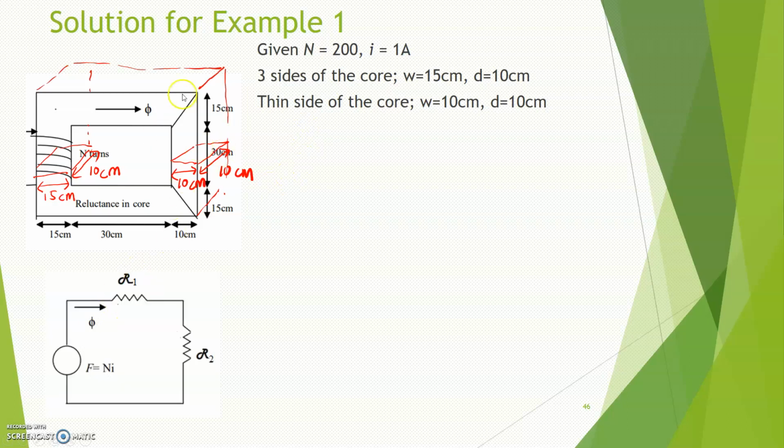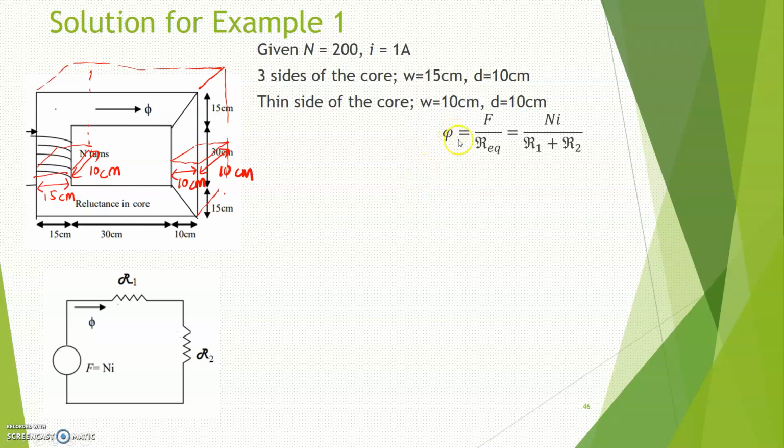Your magnetic circuit can be represented by the equivalent electric circuit, where you have a magnetomotive force F, and because you have two different sides, here we consider a reluctance of core 1 and here a reluctance of core 2, because the dimensions are different, so the reluctance is also different.